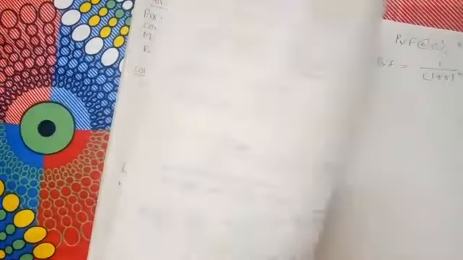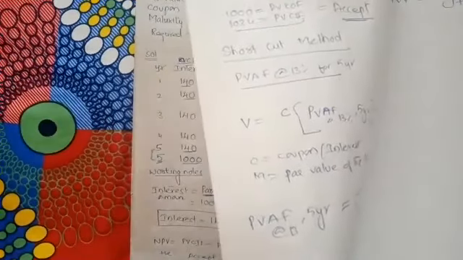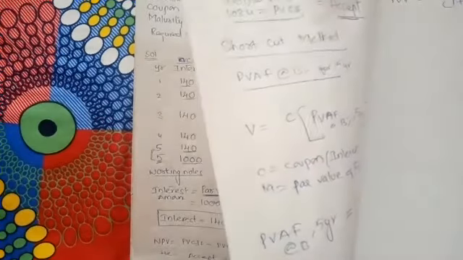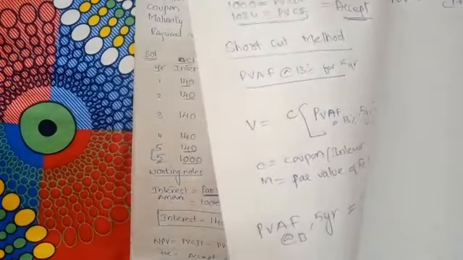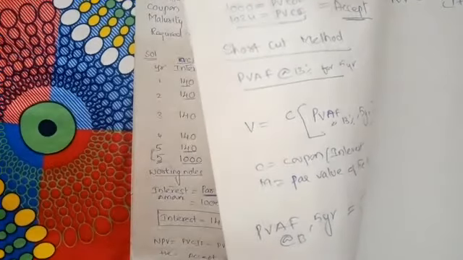Can you tell me the value of 1 minus 1 divided by (1 plus 0.13) to the power of 5, whole divided by 0.13? The value will be 3.515.